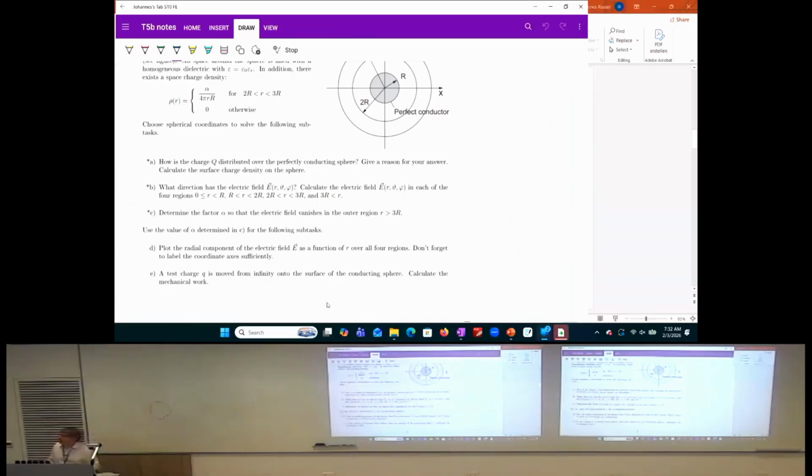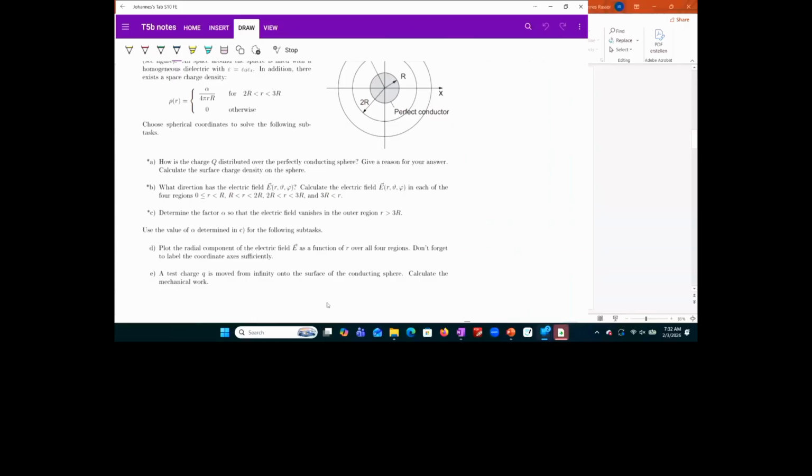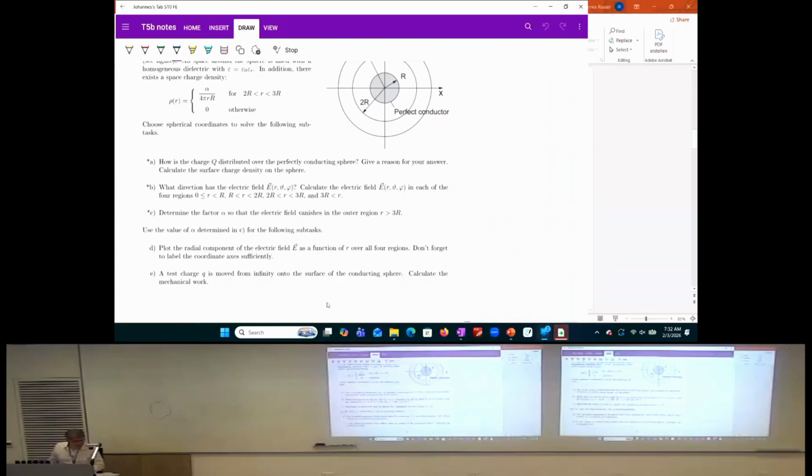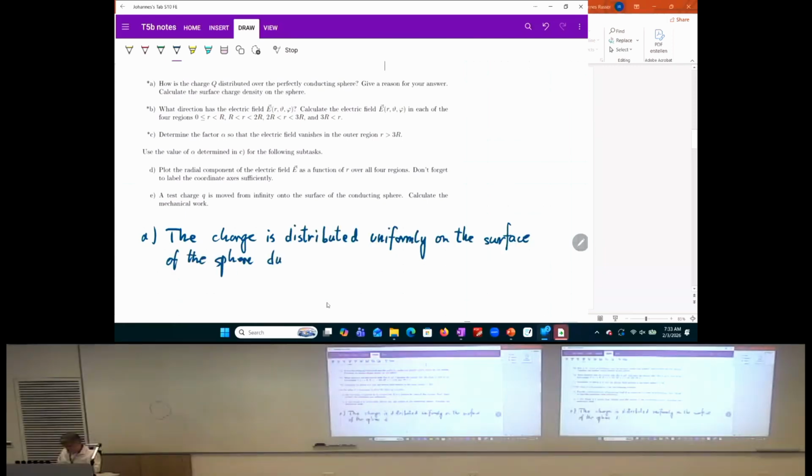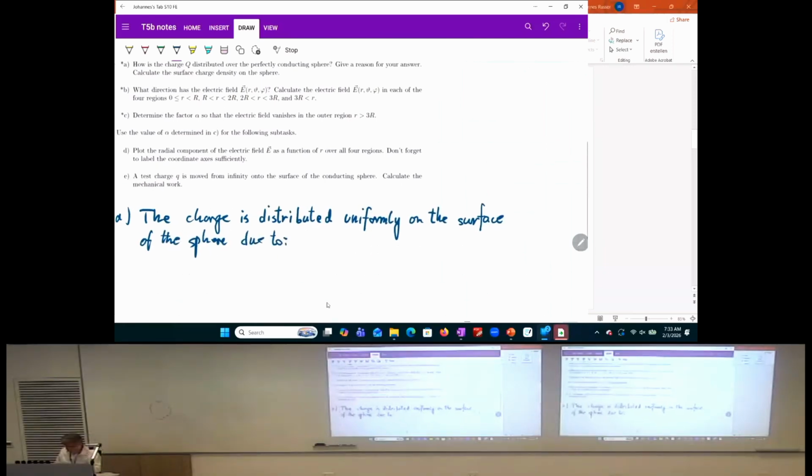So even though we have not been given any charge distribution explicitly, you know that it's a perfect conductor, and the charges that you put there will accumulate on the surface. Why? Due to the electrostatic repulsion: the electrostatic force is repulsive because the charges are all of the same kind.